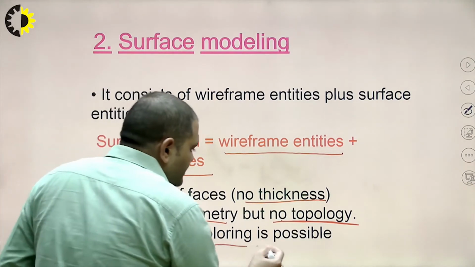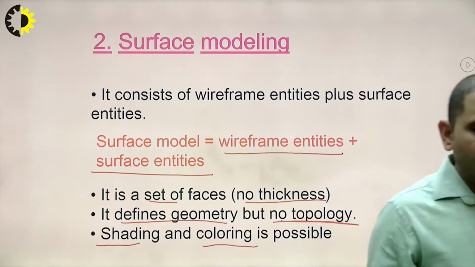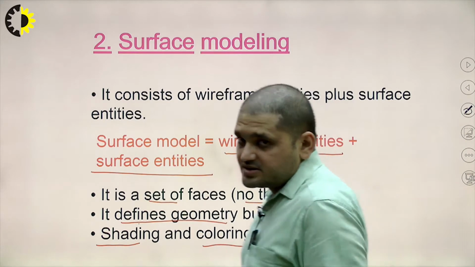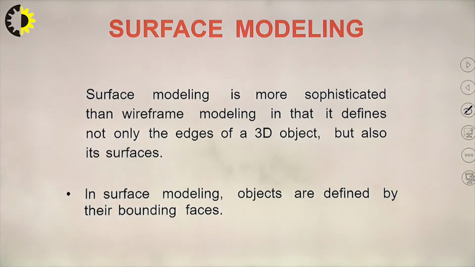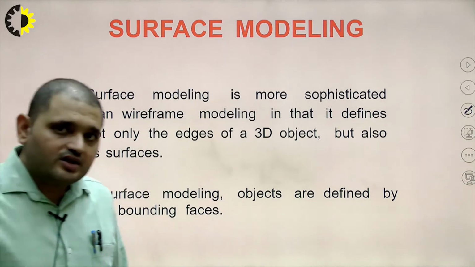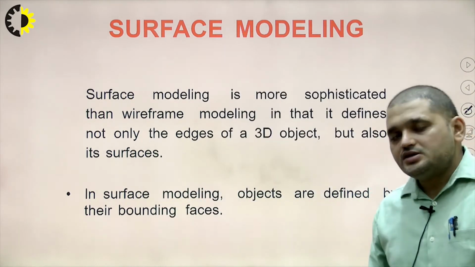Obviously surfaces are there, so shading and coloring is possible, which was not possible in the case of the wireframe model. Surface modeling is more sophisticated than wireframe modeling in that it defines not only the edges of a 3D object but also its surfaces.